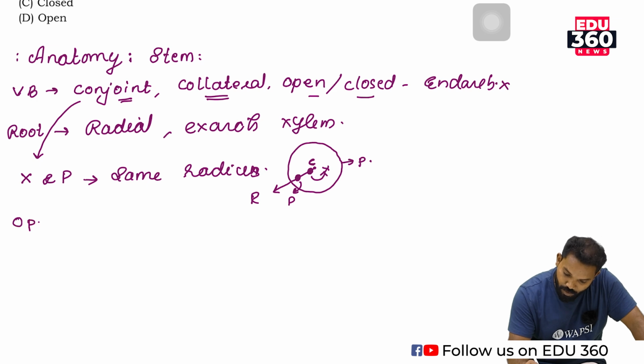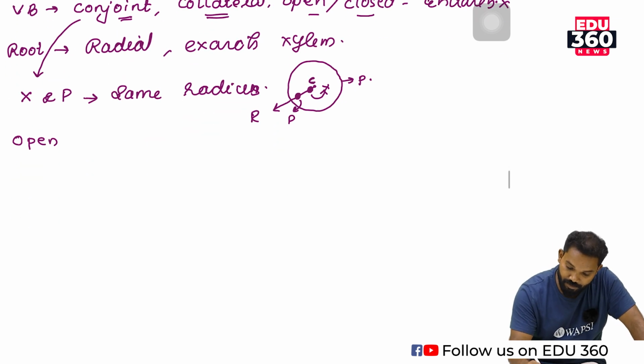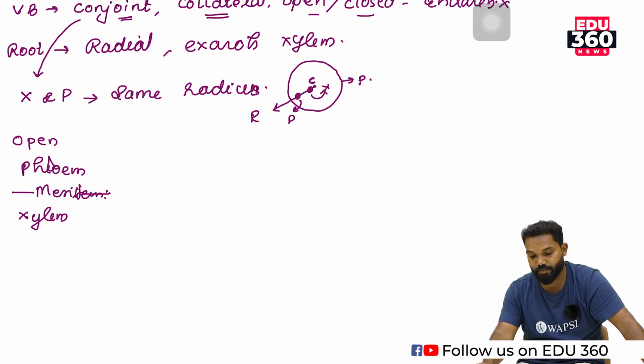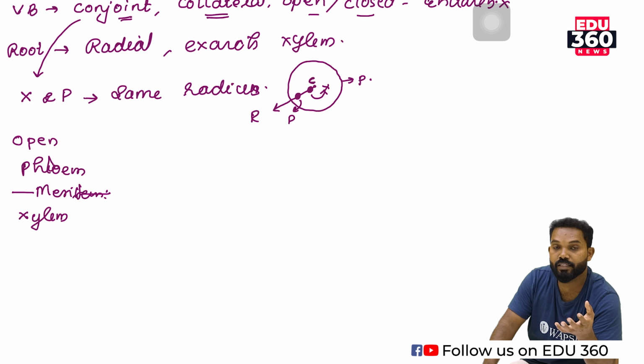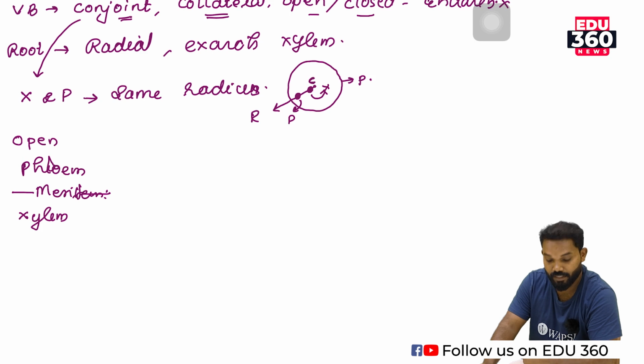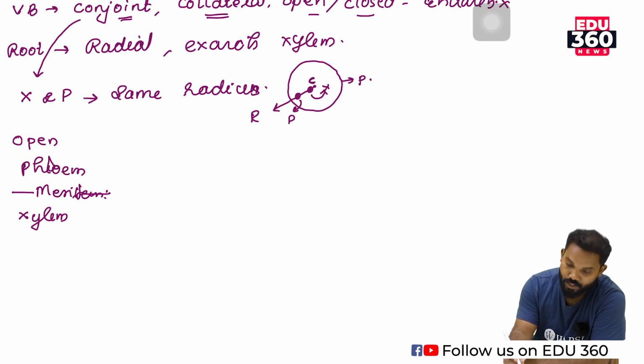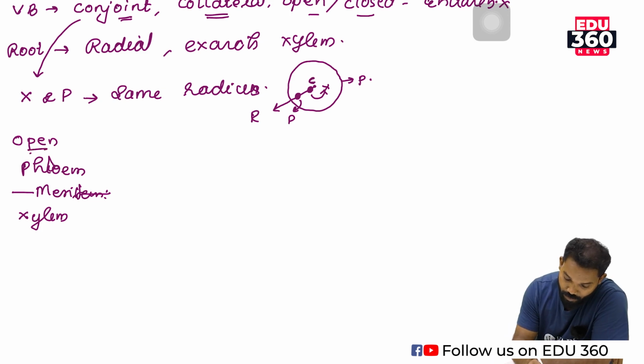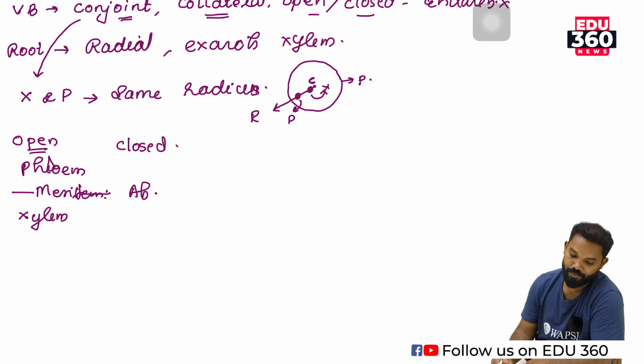If a vascular bundle is open, there is a meristematic tissue present in between xylem and phloem. Meristematic tissue is tissue having divisional capacity, meristos, continuously dividing. If it is absent, then it is known as a closed vascular bundle.